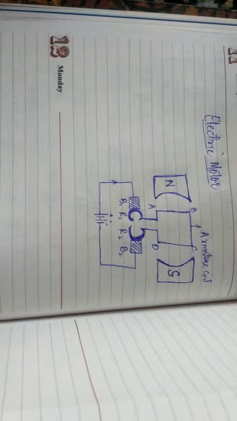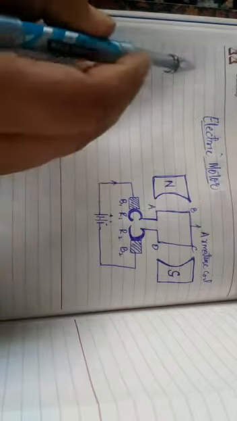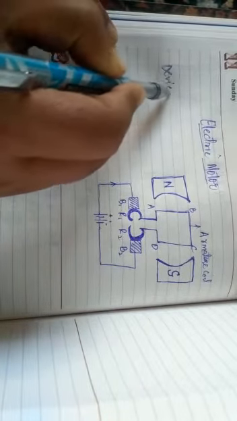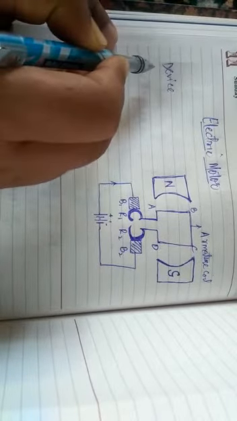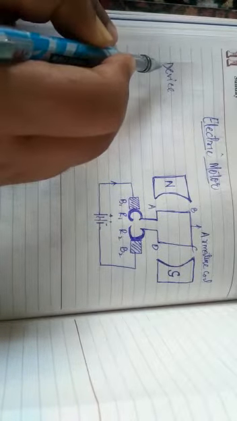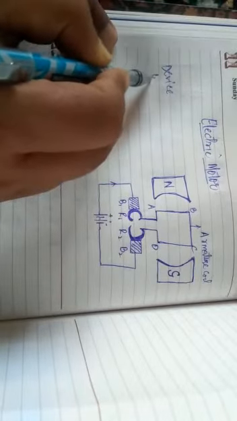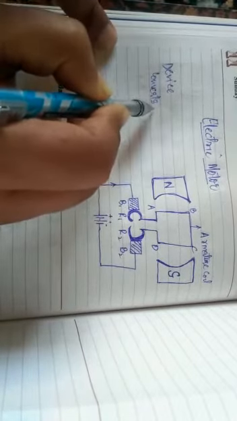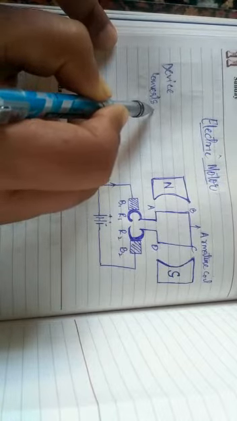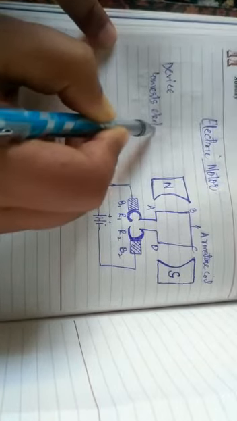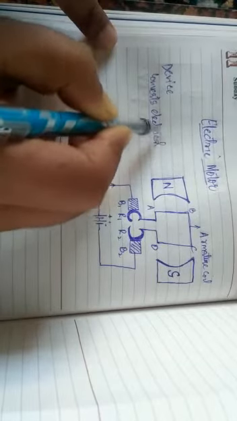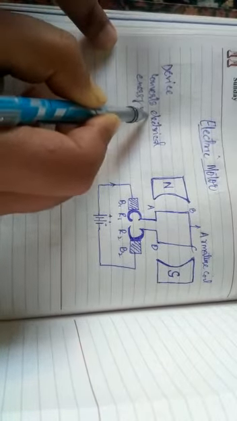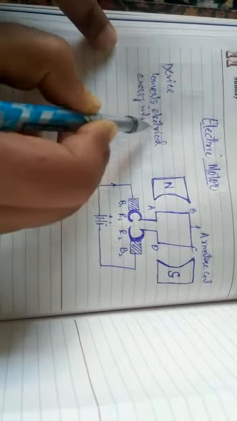Today our topic is related to electric motor. What is first electric motor? Electric motor is a device. It is a device which converts what? Converts electrical energy into mechanical energy.